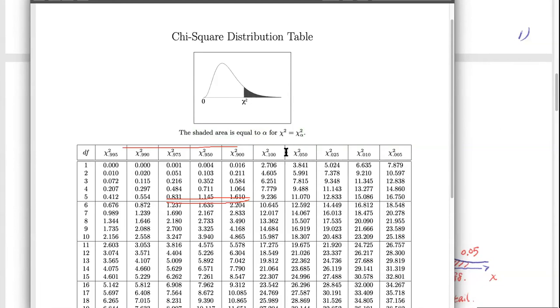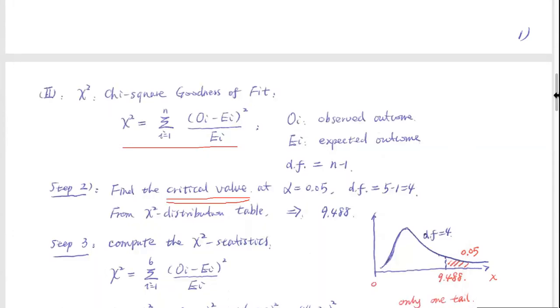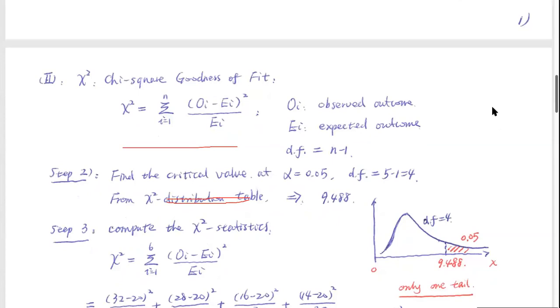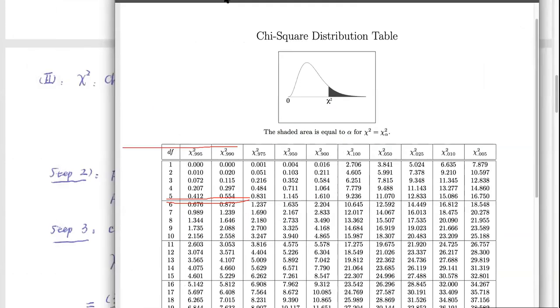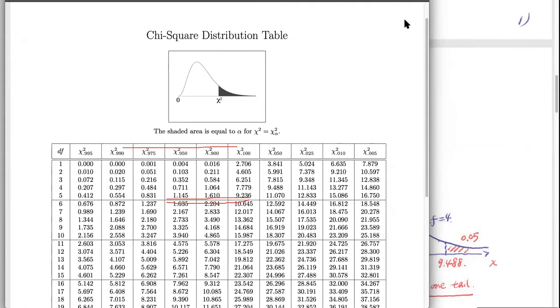How do we understand that? Let's use an example from the lecture notes. We have our alpha equal to 5%.